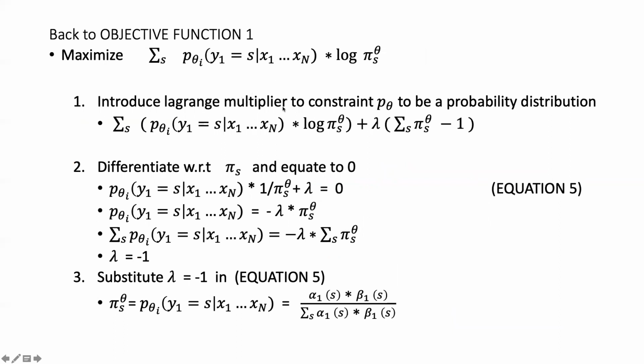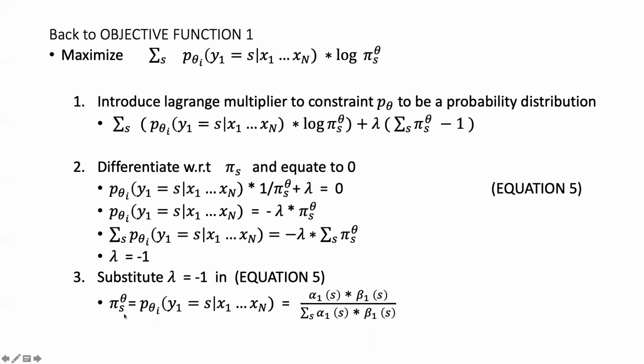In a similar fashion to what we did for supervised learning, the initial parameters are probabilities, and the estimates should sum up to 1. So we introduce the Lagrangian multiplier and rewrite the objective function in this form. We follow similar steps, differentiating with respect to the parameter we are interested in and equating to 0, then find the estimate for the Lagrangian, and we can find the estimate for the initial probabilities.